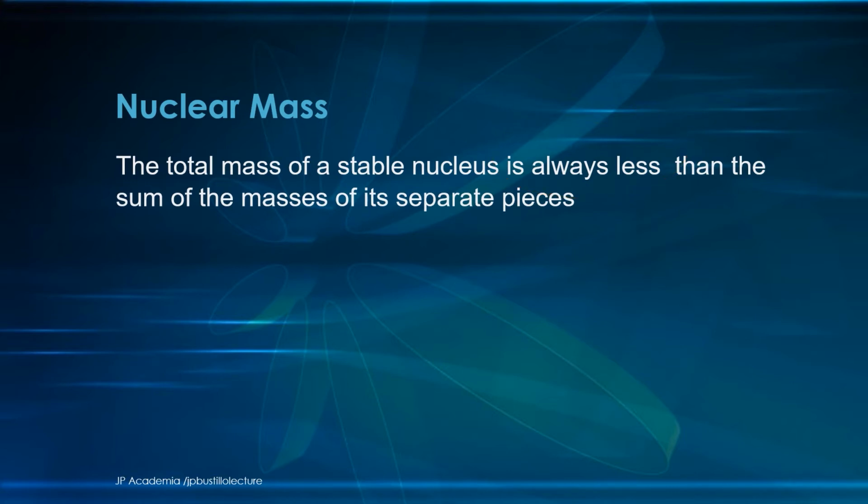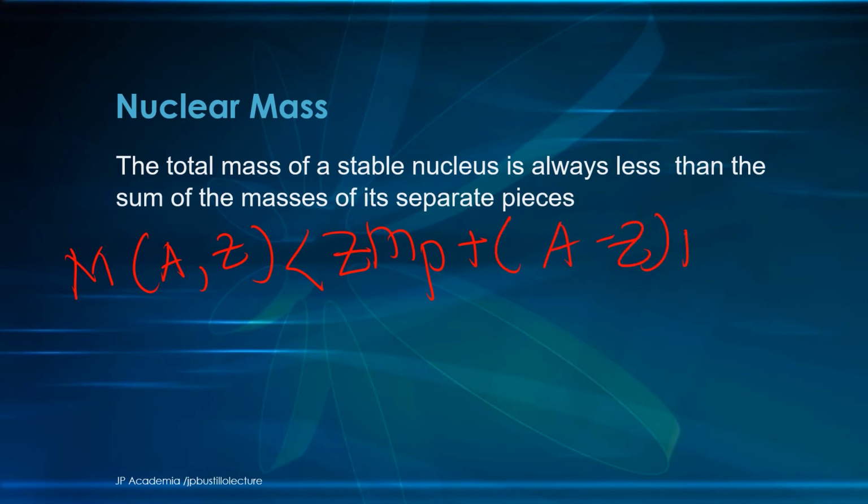Therefore, we can write the following: the mass of a stable nucleus is less than the total mass of its protons plus the total mass of its neutrons. This difference between the total mass of separate nucleons and the mass of the final nucleus is the total binding energy of that nucleus.